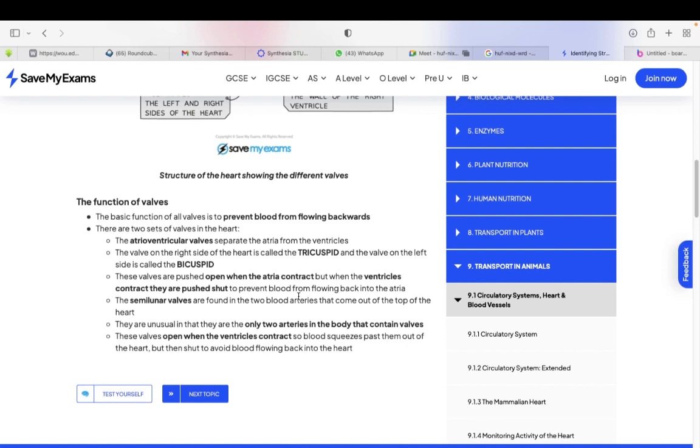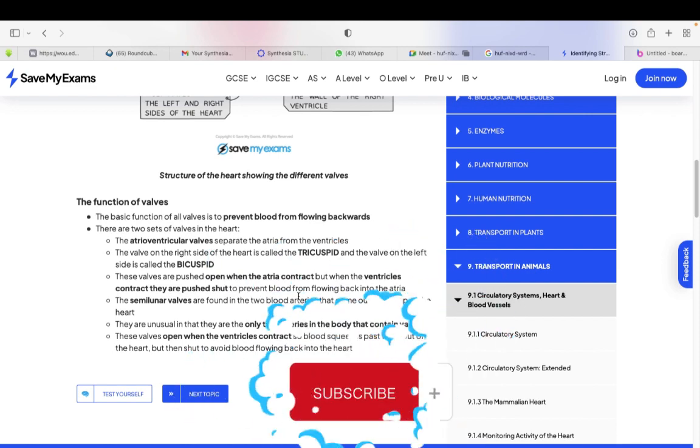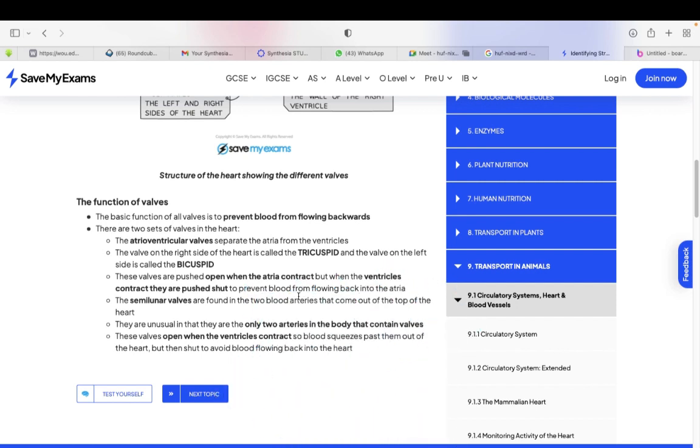So you need to know these two valves. Both of them are called the atrioventricular valves.